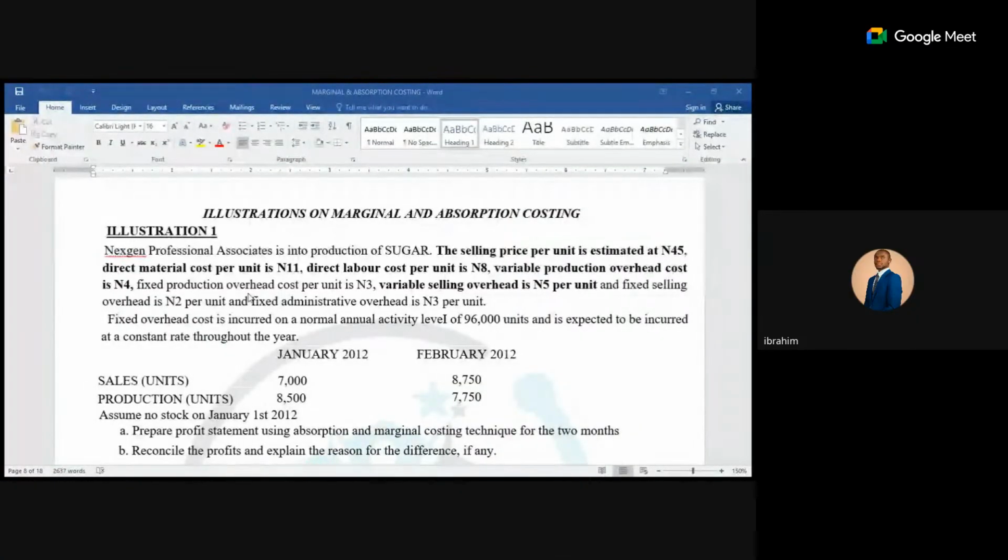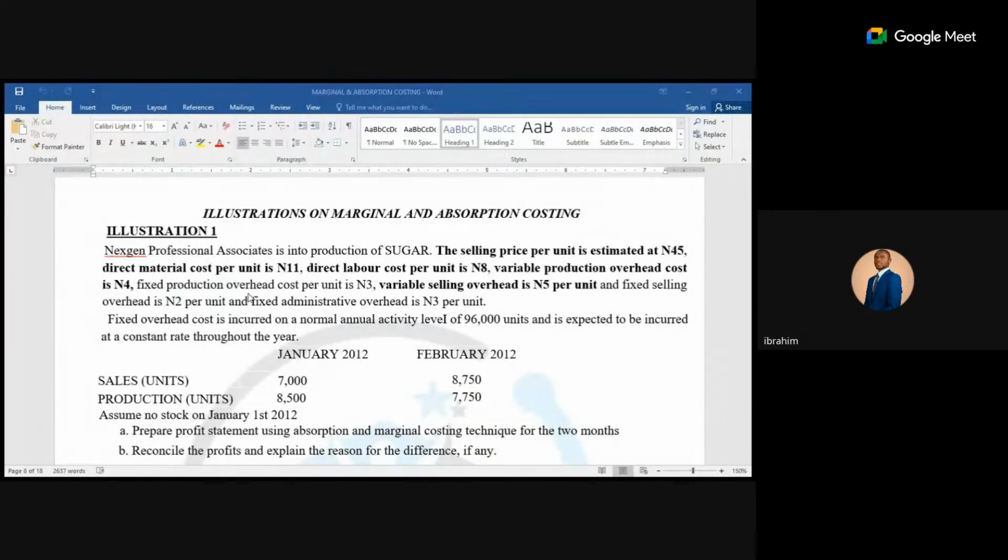We should not forget that marginal costing values its inventory using variable cost, while absorption costing values its inventory using the full cost. It charges the full cost into the particular production unit. I said that marginal costing is used for short-term decisions, and the decision is based on contribution, while absorption costing is for long-term decisions. The decision is not based on the contribution, but rather the profit that was made.